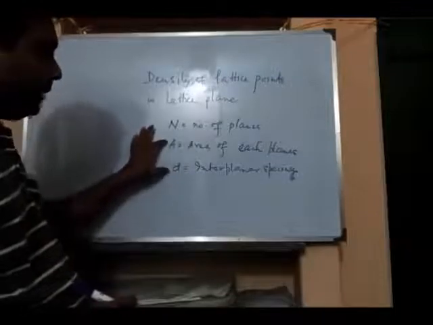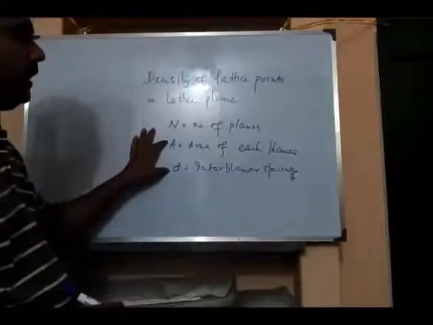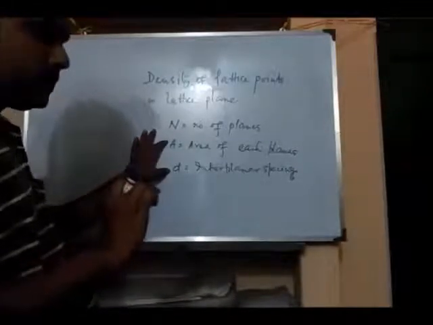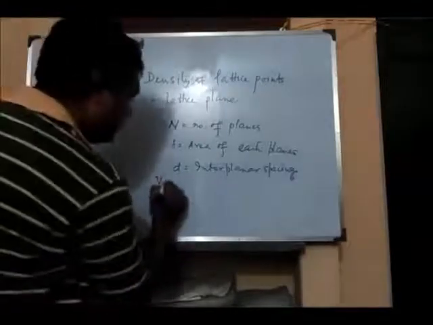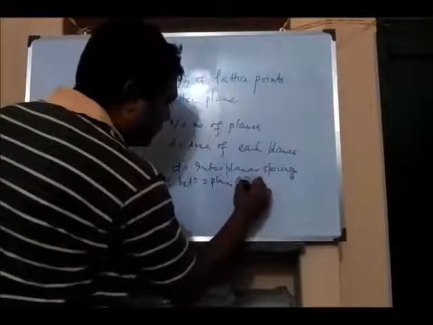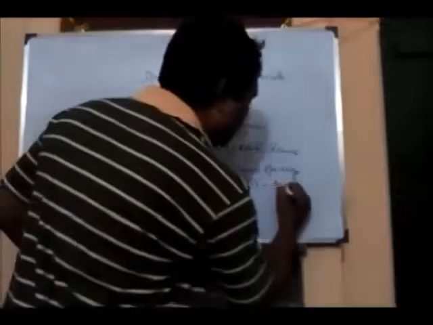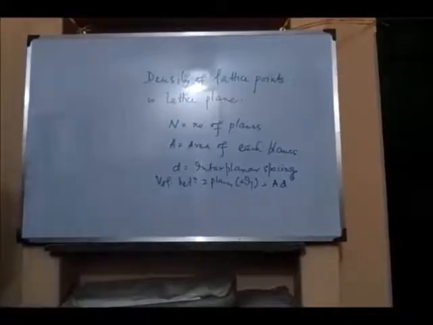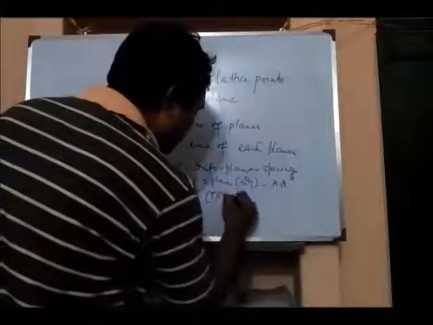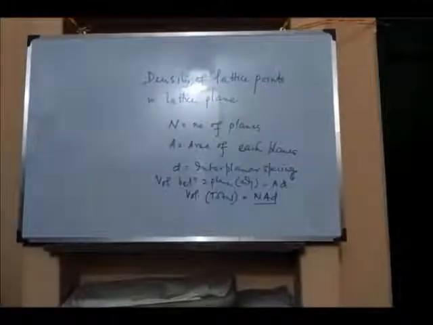If you multiply this area with D, you will get the volume between two adjacent planes, which is area times D. So the total volume, if there exist a total of N planes, is NAD. So NAD represents the volume of that lattice space.